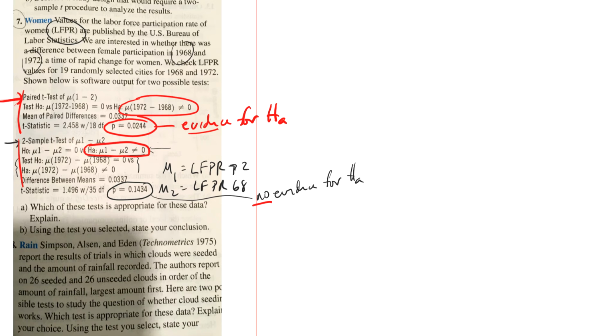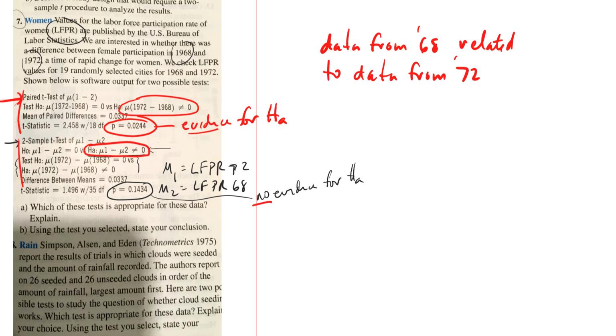So here's my question. Is the data from 68 related to the data from 72? What do you think? Yes, it's groups of women, but are they somehow related, like a before and after, a then and now, using the same groups of people?